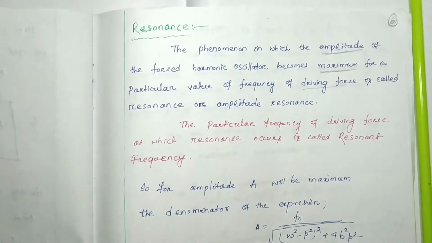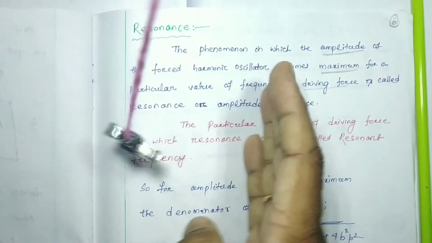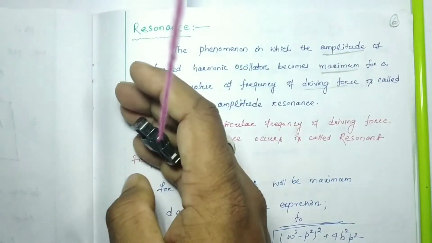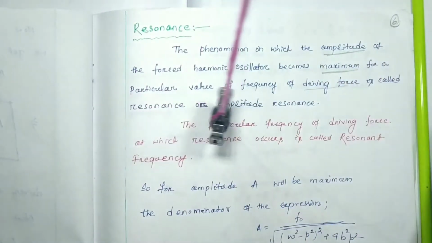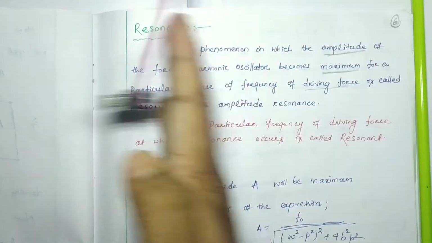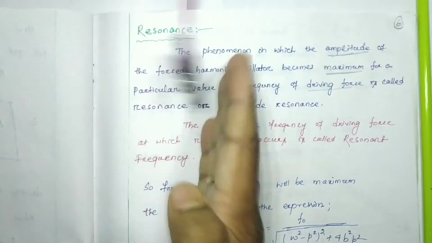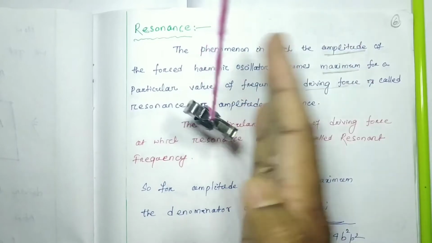The maximum amplitude we can find for a particular frequency of the applied force. We can give this type of frequency, this type of frequency, this type of frequency. You just watch my hand motion.